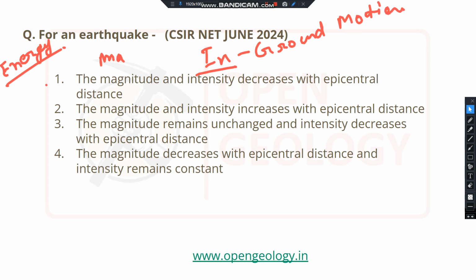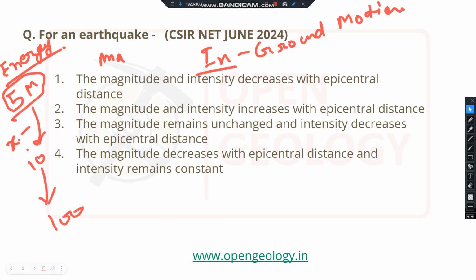Now obviously, let's say there is an earthquake of magnitude 5, so the energy released will be fixed. Let's say x amount of energy is released. So whether you are 10 kilometer away from this focus or 100 kilometer away, energy is energy. It will not change. The energy released is fixed.